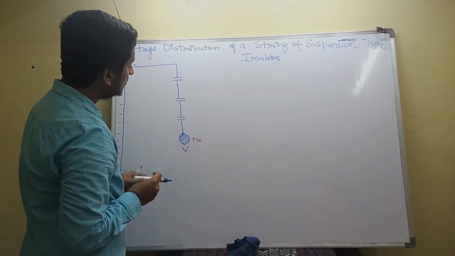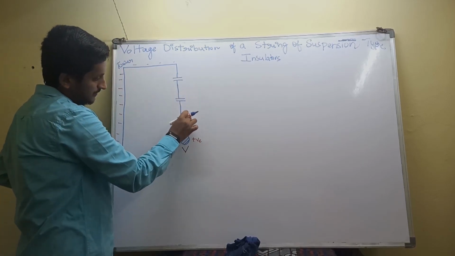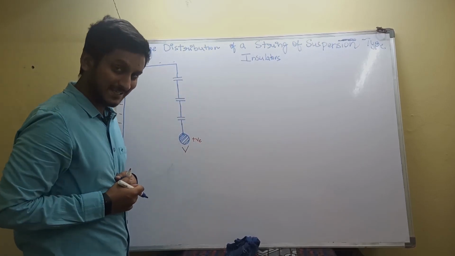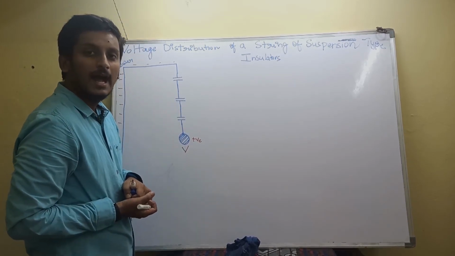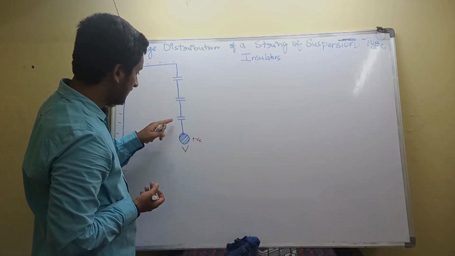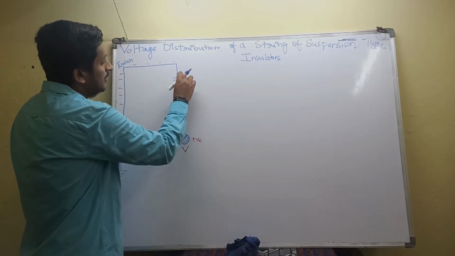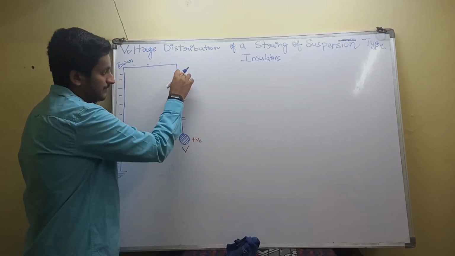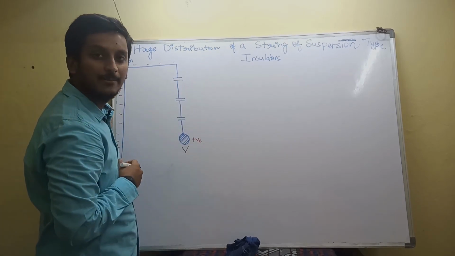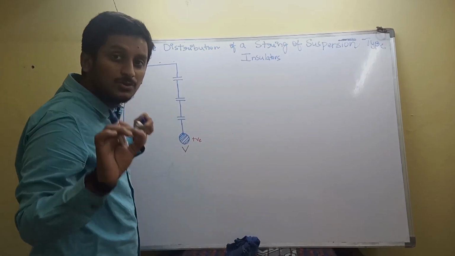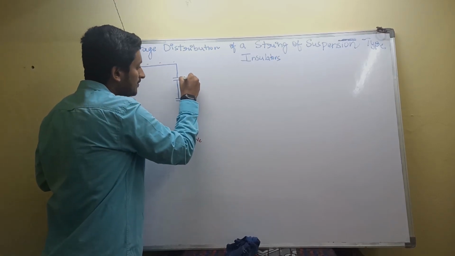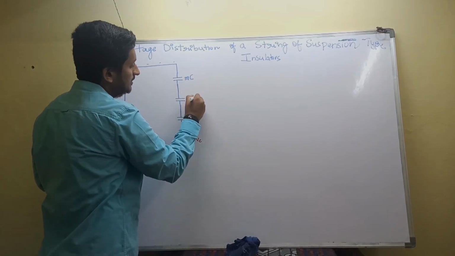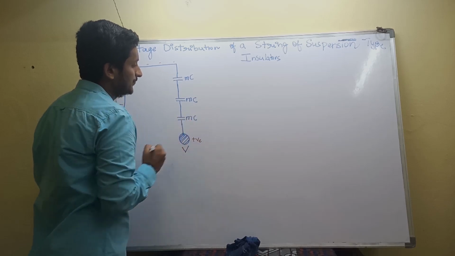Alright, now these capacitors are in series, as you can see very clearly, and this capacitance is mutual to one another. So I can name this capacitance as mutual capacitance, and I can write it as MC, MC, MC.